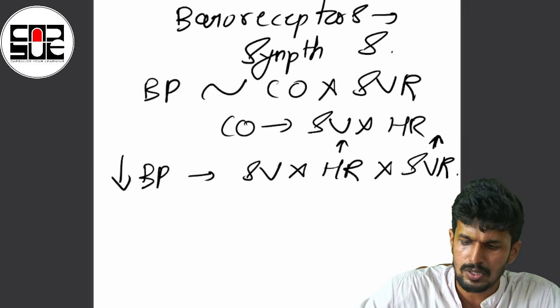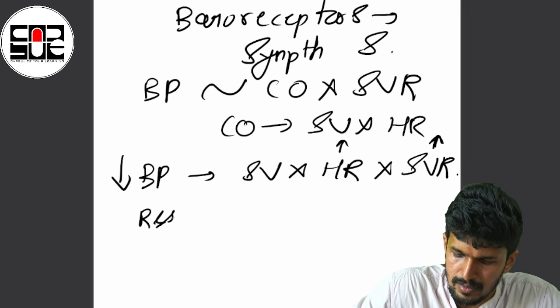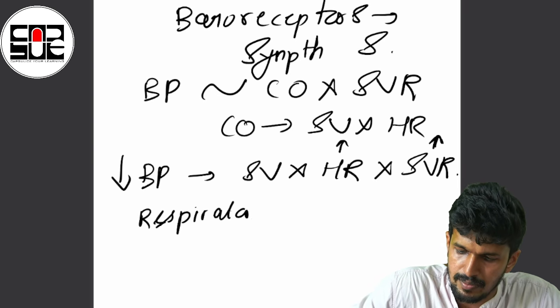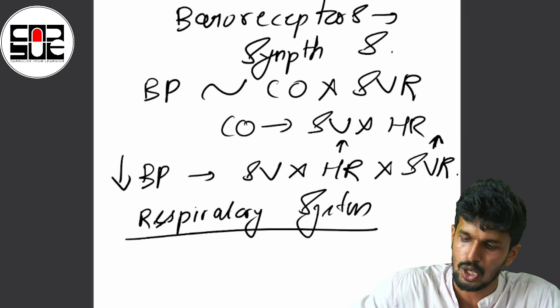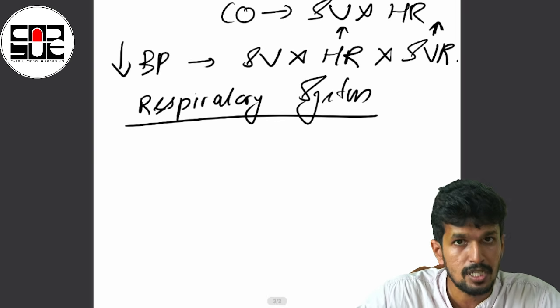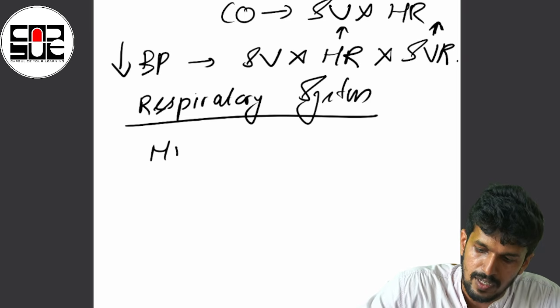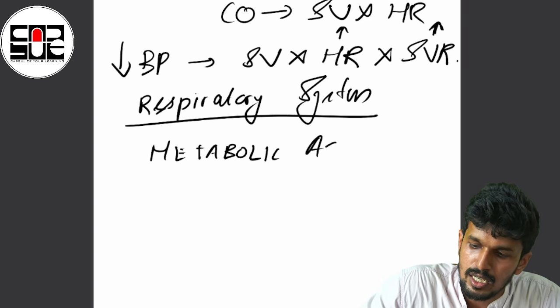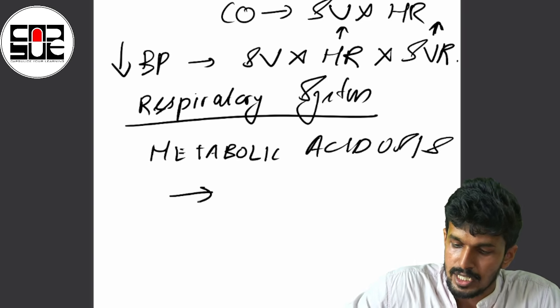Then further on, we will have a brief discussion about what happens at the respiratory system level. As I told, shock, tissue hypoperfusion, hypoxia, metabolic acidosis. Whenever our body is in a state of metabolic acidosis, how do we compensate for it?